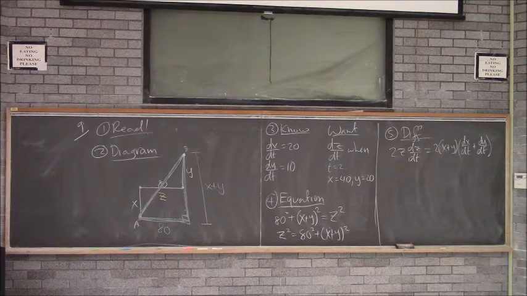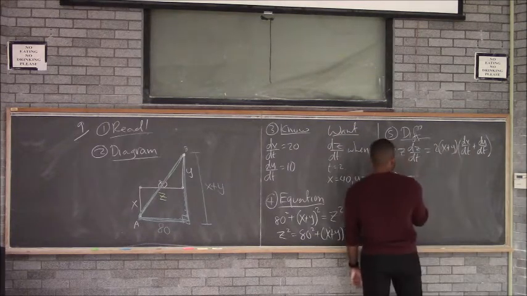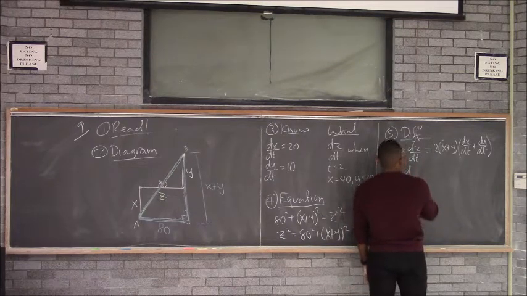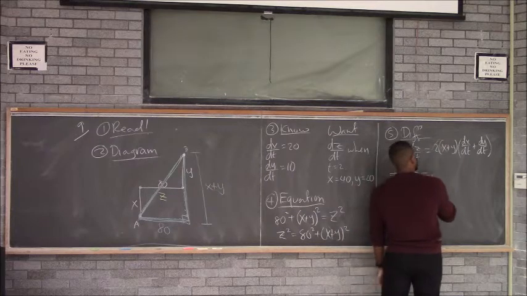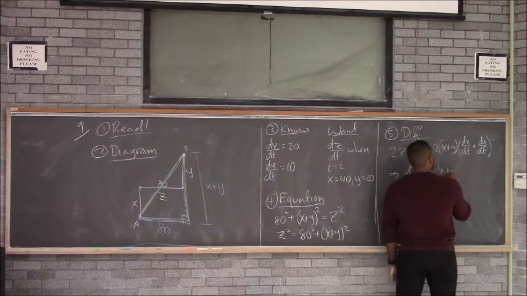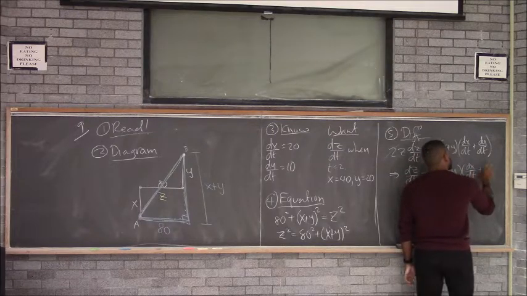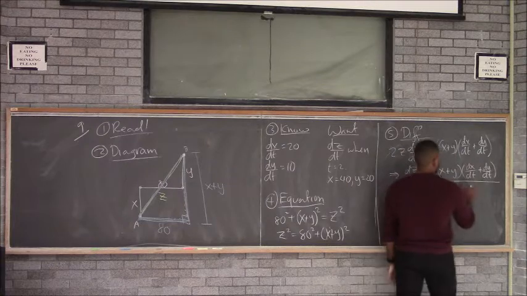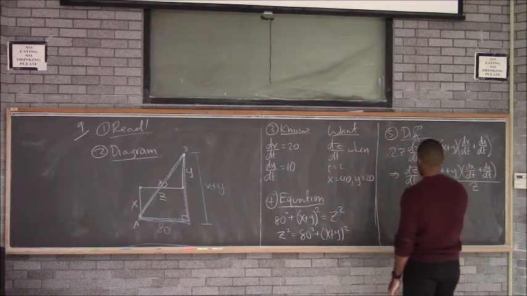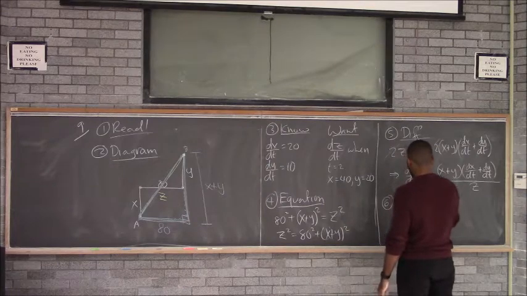So we have that. We want dz/dt, so we can solve for it. The 2 can cancel on both sides. So our dz/dt is going to be equal to (x plus y) times (dx/dt plus dy/dt), all over z. And do we know all those?